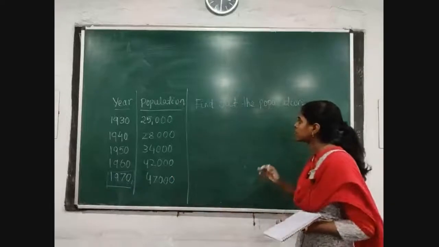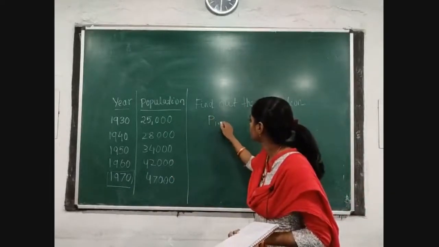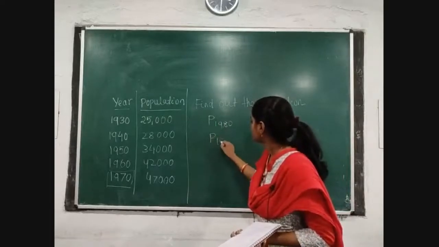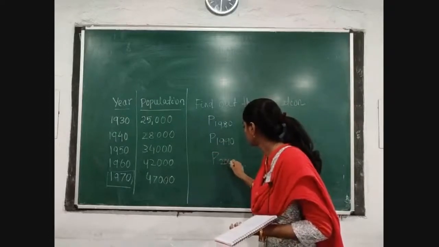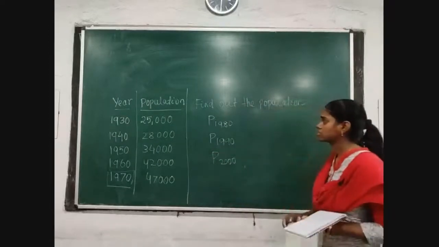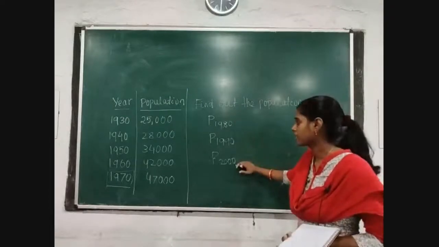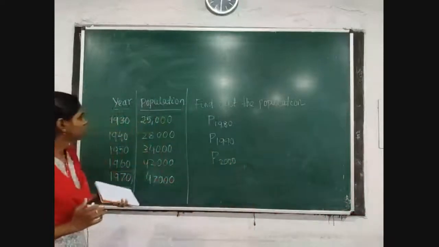So from this, find the first decade population, that means the population in 1980, then the second decade 1990, and the third decade 2000. So let us solve this example.